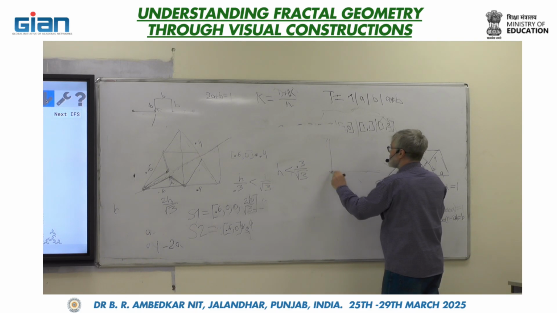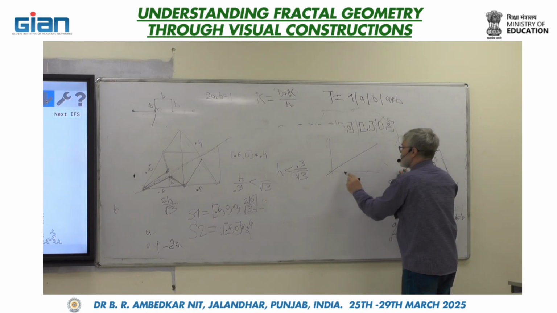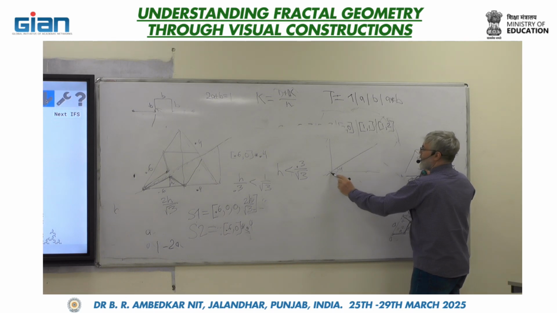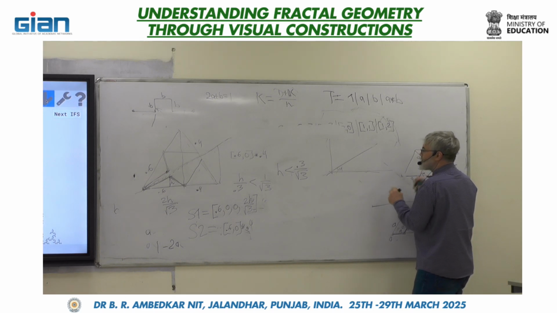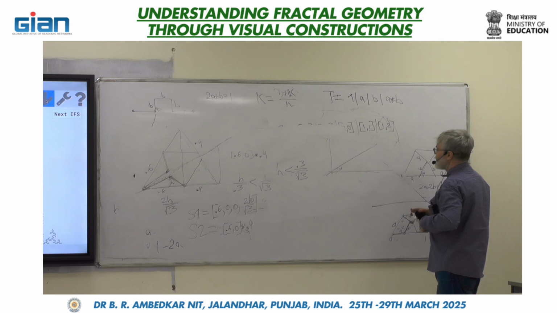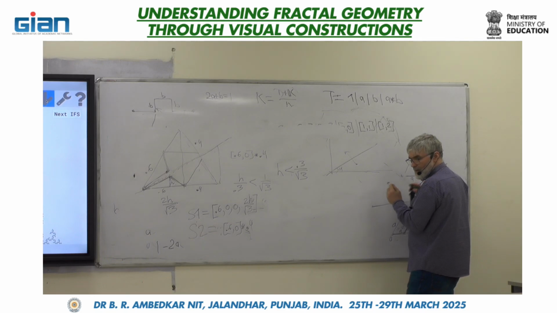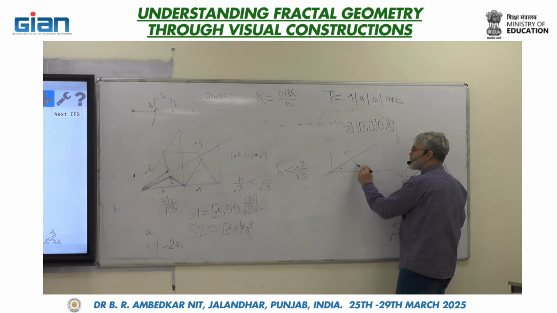How to write a reflection? So we have a line which has angle alpha with the x-axis, yes? And what is the reflection with respect to this line? How to draw a reflection with respect to this line?